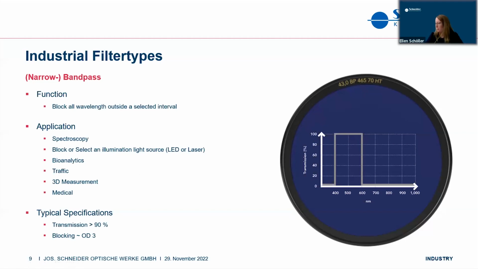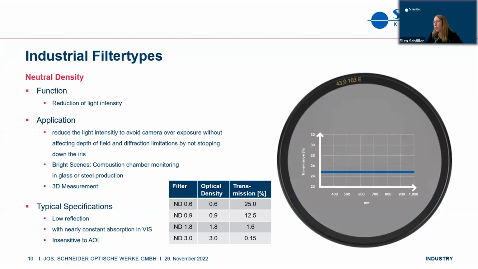One more group of filters are the neutral density filters. Those filters have a constant transmission curve. So this means they reduce the light intensity in general. Over all wavelengths, they just reduce the light intensity.